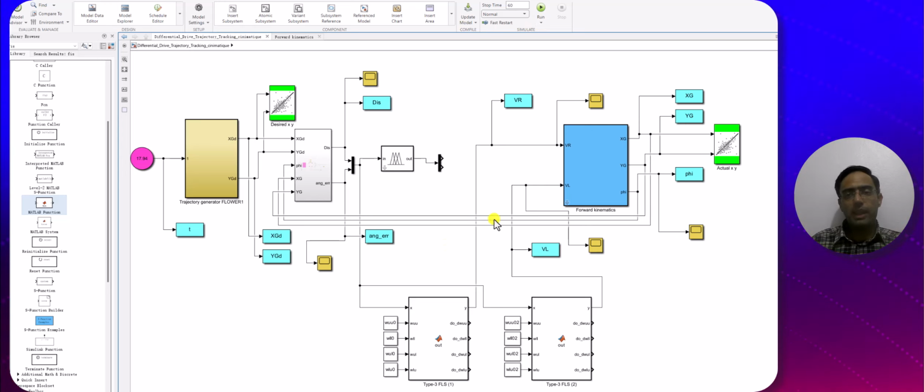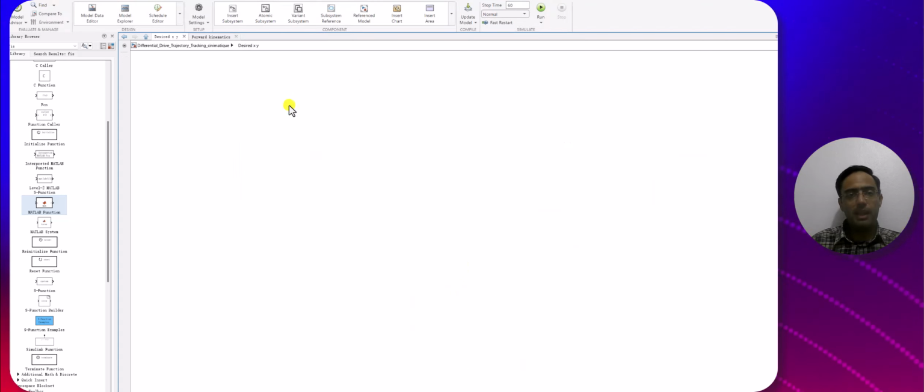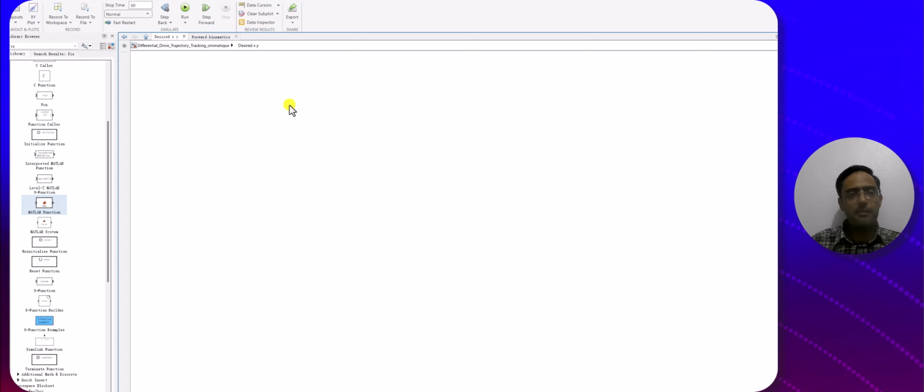So the computational costs, as I told you at the beginning, have been significantly reduced. As I show you here, if you run it, you don't see much difference in the running time when you apply the type 3 fuzzy logic.